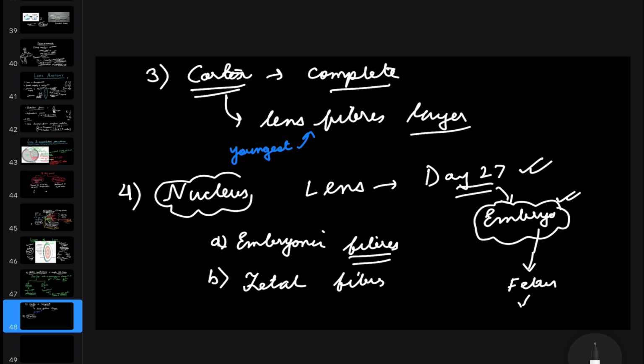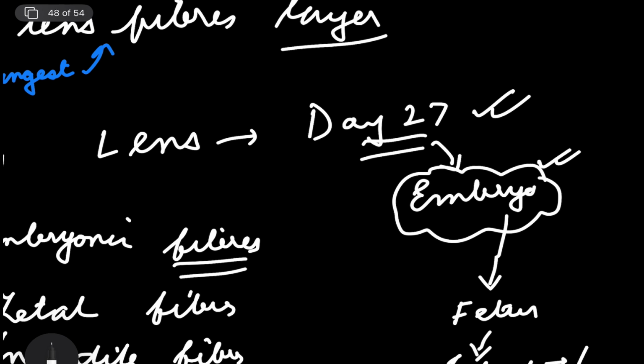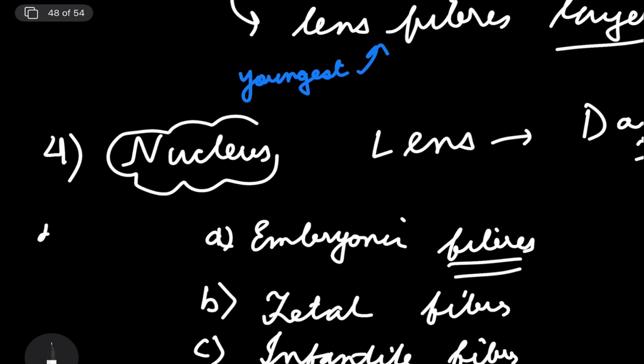From fetus, after that the baby is born, and the baby is known as an infant. New lens fibers are laid and they are called the infantile fibers. After that, the infant grows into an adult. So we have at the end, I don't have space over here, the adult fibers.